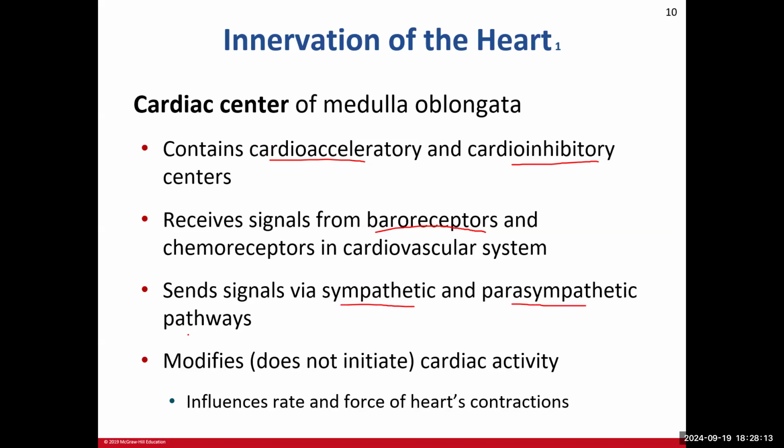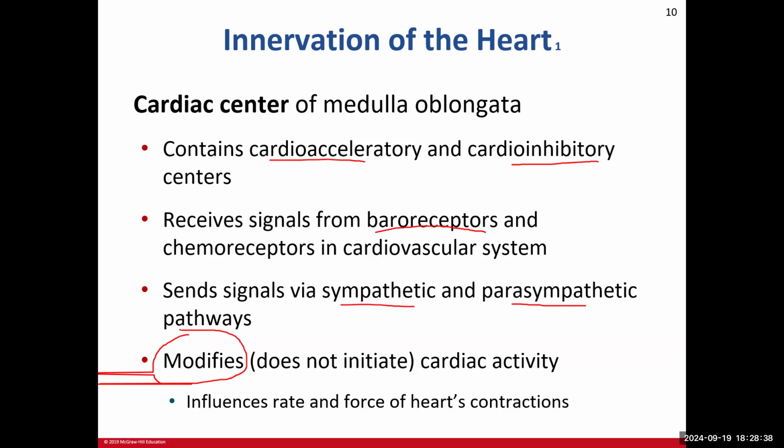Right, but notice, and I purposely use this word here, it modifies cardiac activity. It doesn't initiate it. Right, the cells in the heart initiate it. The nodal cells, when they depolarize spontaneously, the cardiac cells, they're going to initiate. The autonomic nervous system, specifically the parasympathetic and the sympathetic, are going to modify.